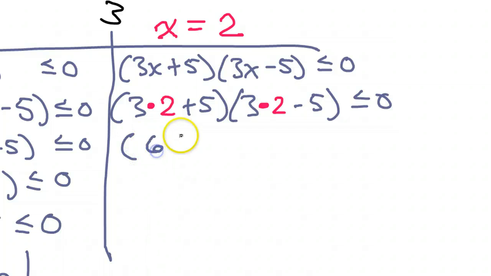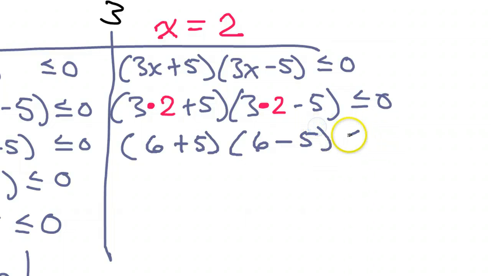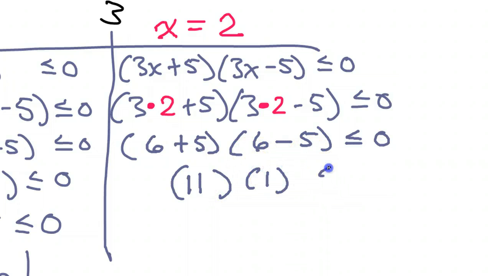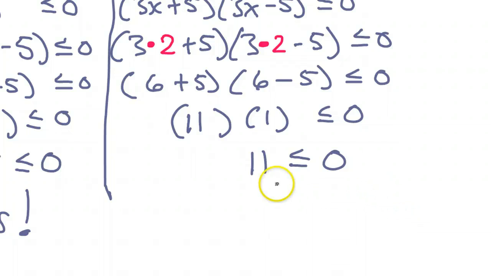That'll be 6 plus 5 and 6 minus 5. 6 plus 5 is 11. 6 minus 5 is 1. So that gives me 11 is less than or equal to 0. Then you have to ask yourself, is this true? Is 11 less than or equal to 0? Clearly, no, that is not true. 11 is no way less than 0.